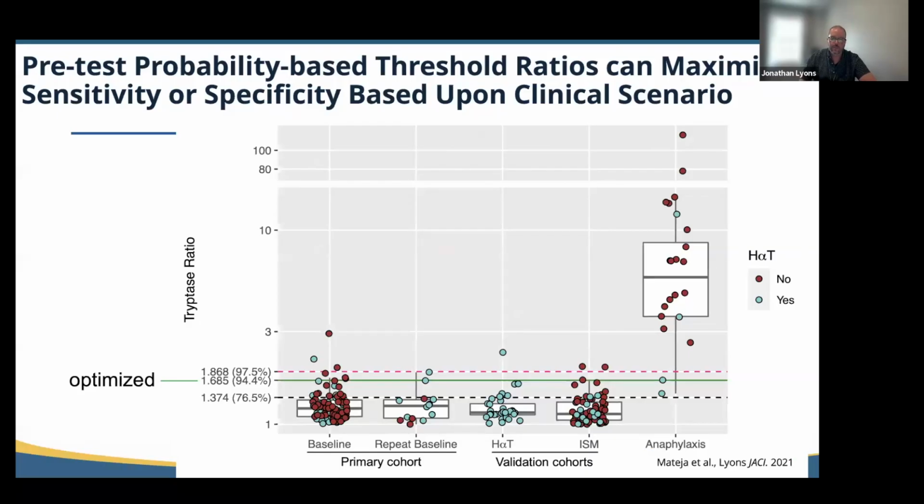That optimized level in green is 1.685, where sensitivity and specificity are maximized. These first four groupings are all just baseline levels, and you can see that there are still some people whose variability falls outside of those ranges. We also identified two others, a high probability and a low probability, because as clinicians seeing patients, we have a pretest probability.